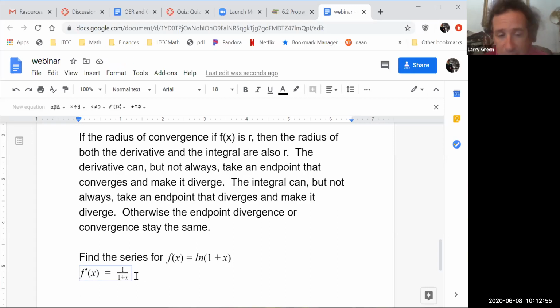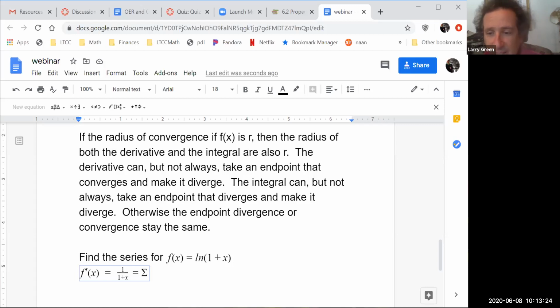But 1 over 1 plus x, we can write a series for. Why can we write a series for 1 over 1 plus x? Any thoughts?